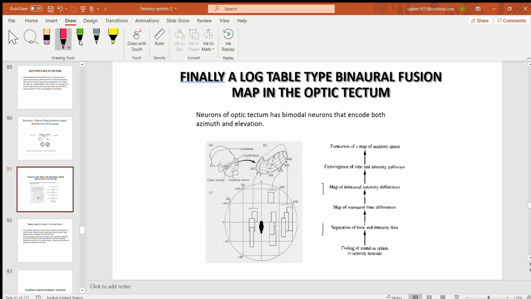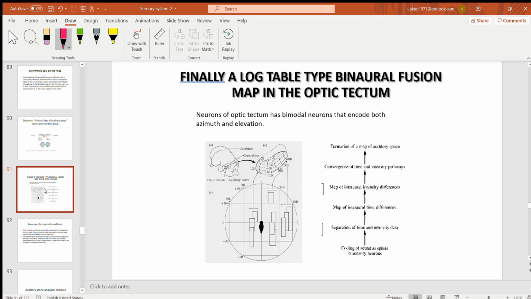So hello everybody, we are talking about sound localization and auditory scene analysis and how the brain processes the signals. Those are important for auditory scene analysis.